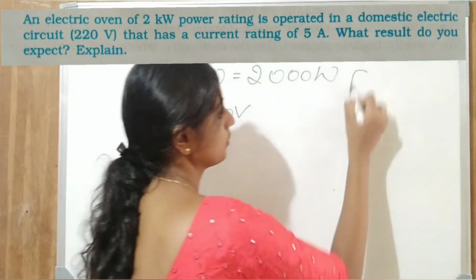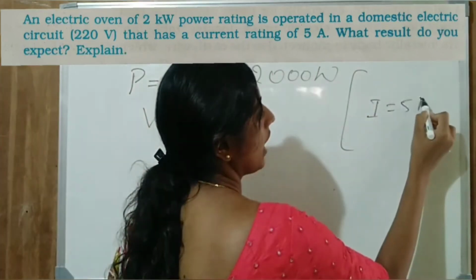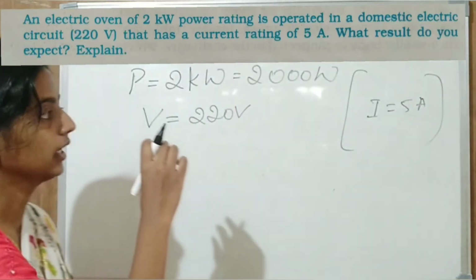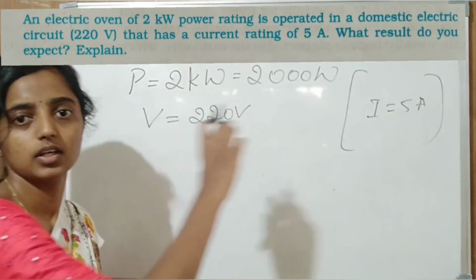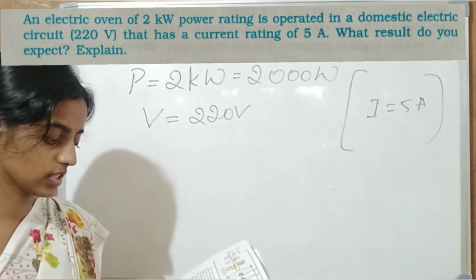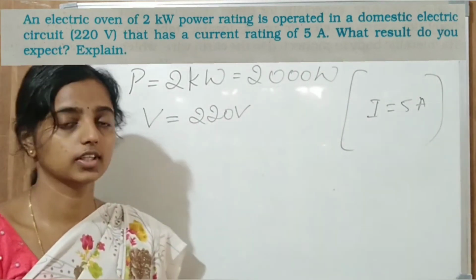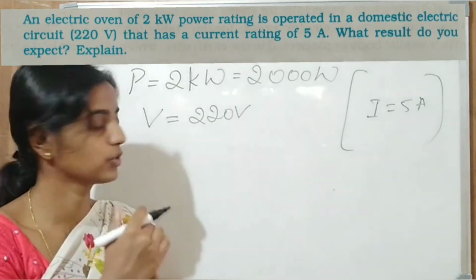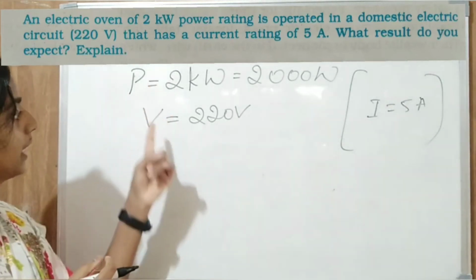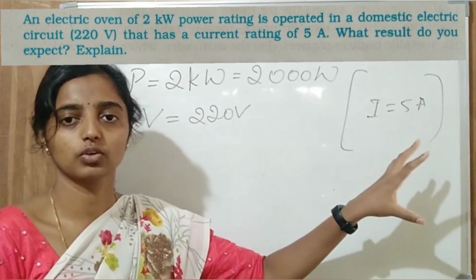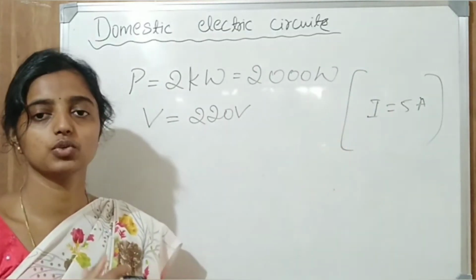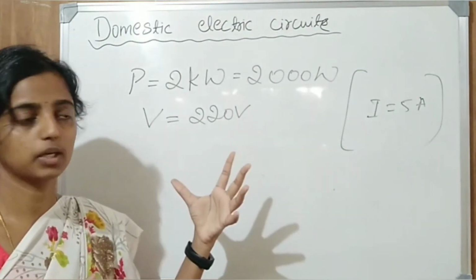So this is a note: the circuit is made such that only 5 ampere current can pass in that. And here, what result do you expect and explain? So this is a give-reason type question, an application and analysis type, you should think and answer. Look at the question, they have given P and V and what type of circuit. That circuit flows 5 ampere current and we should comment based on this statement.